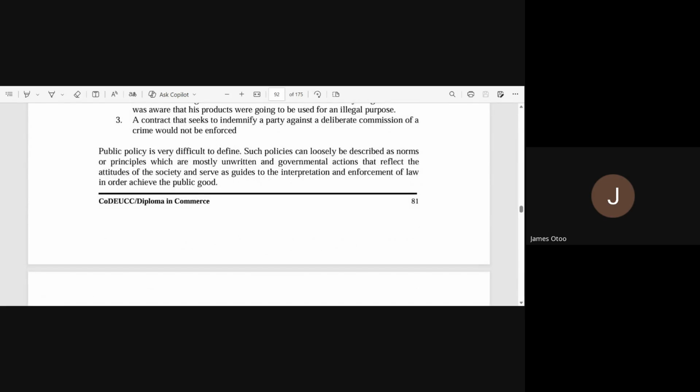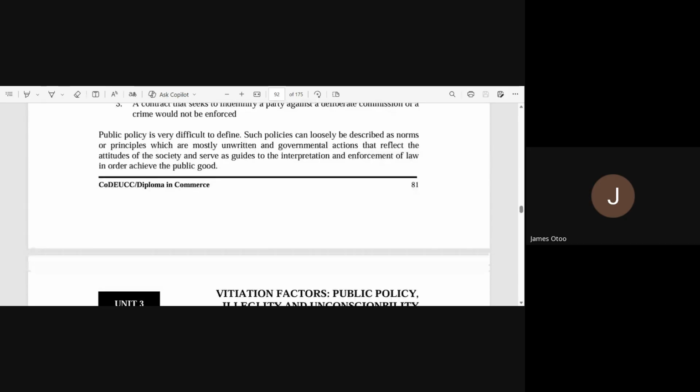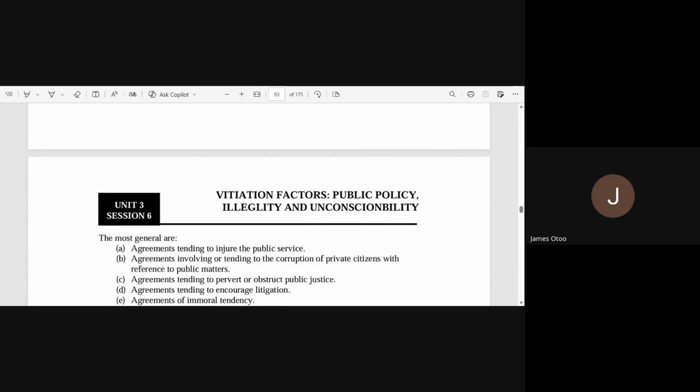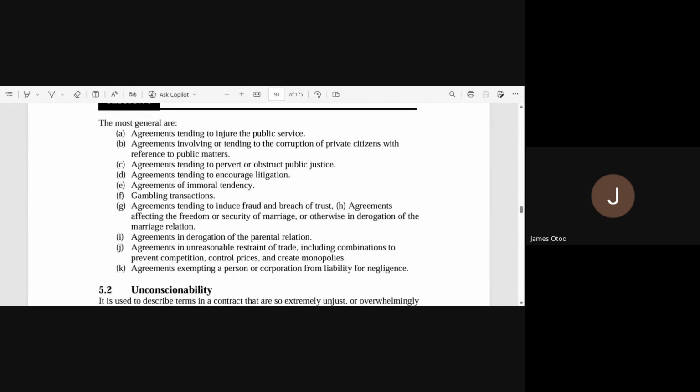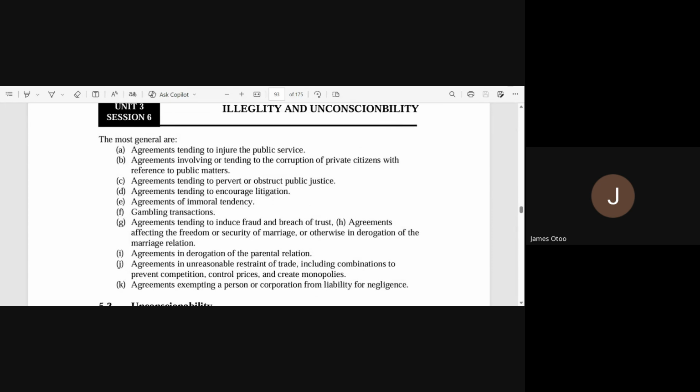Now we have said that public policy is difficult to define, and anything that is against the norms of the society, that is not in favor of the public or is not good for public consumption, is against public policy. Some of these things include: one, agreement to injure the public service. Any agreement that tends to the corruption of private citizens.